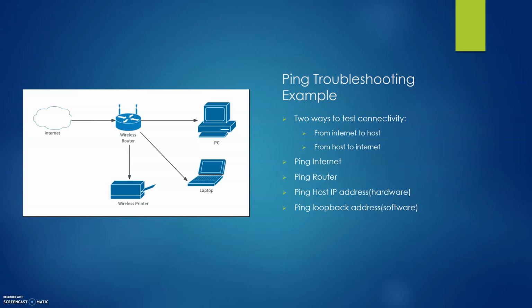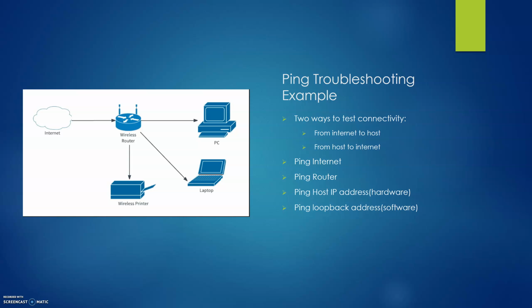For this example, if you ping the internet and there isn't connectivity, that means there's a problem between the internet and your PC. And then you can ping your router and your PC, and if you don't have connectivity, that means there's a problem between your router and your PC.